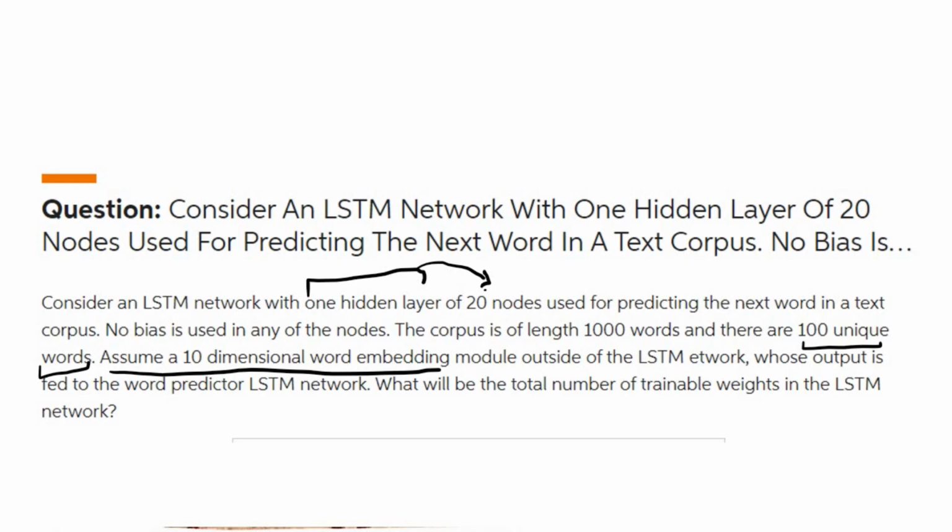This is ideally a multi-class classification problem which we are dealing with, which will mean that there are going to be 100 probability values, and the value which has the maximum probability will be picked as the next word. Even though the corpus is of length 1,000 words, you don't have to be very strict on it. It might be that more than once a word is repeated. But over here, the main important criterion is the fact that there are 100 unique words.